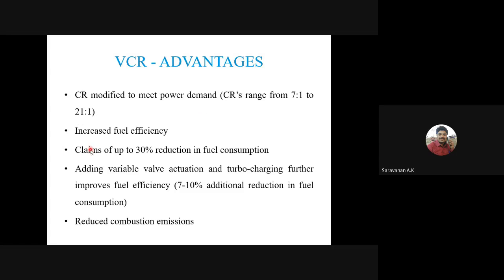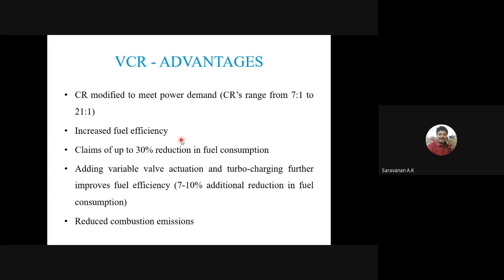Then the fuel efficiency will increase and the fuel consumption will be reduced in this type of engine.